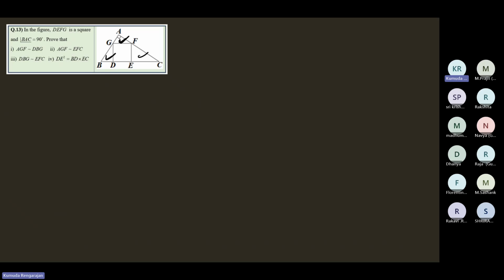Let me number the triangles 1, 2, and 3. We need to prove that triangle 1 is similar to triangle 2, triangle 1 is similar to triangle 3, and triangle 2 is similar to triangle 3. And then the fourth one, we have to prove a different result.